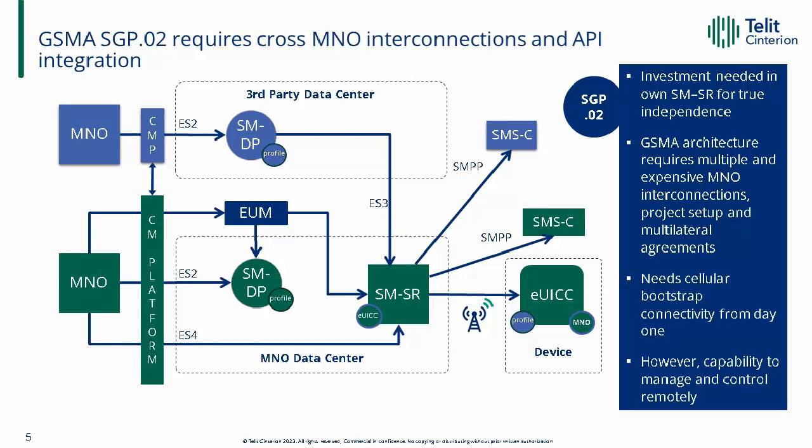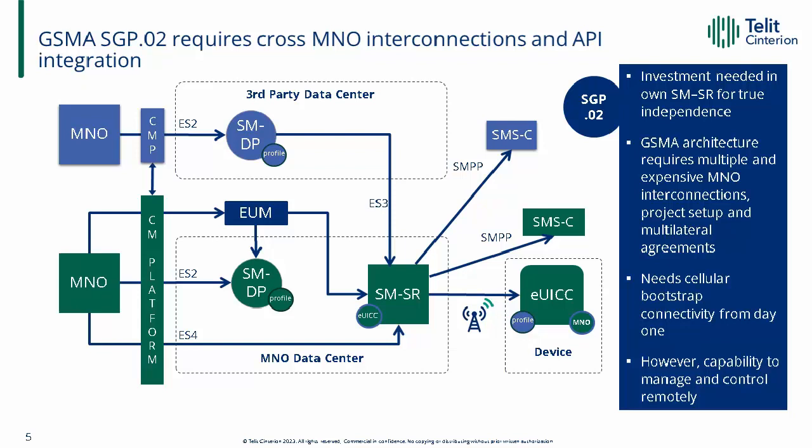And then at the very beginning, you need to have the initial connectivity, the so-called bootstrap connectivity from day one, which allows you to connect to the network and then receive the SMS, which will trigger the SIM provisioning later on.